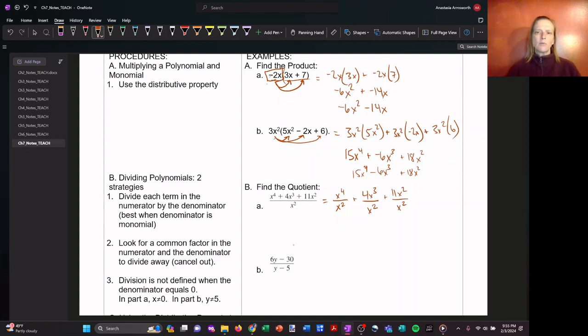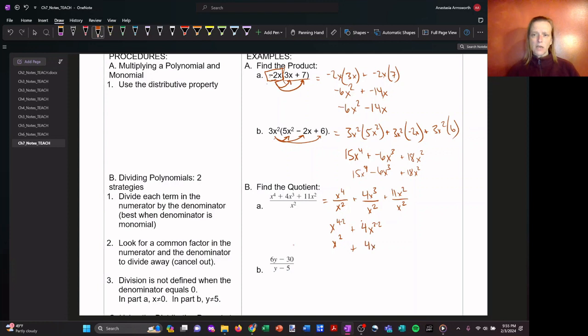If I have x to the 4th over x squared, when you have a division problem with powers where the base is the same, you can subtract those exponents and get x squared. Similarly here, if I've got 4x cubed divided by x squared, that x is the same base. I can do 3 minus 2, and 3 minus 2 is 1.